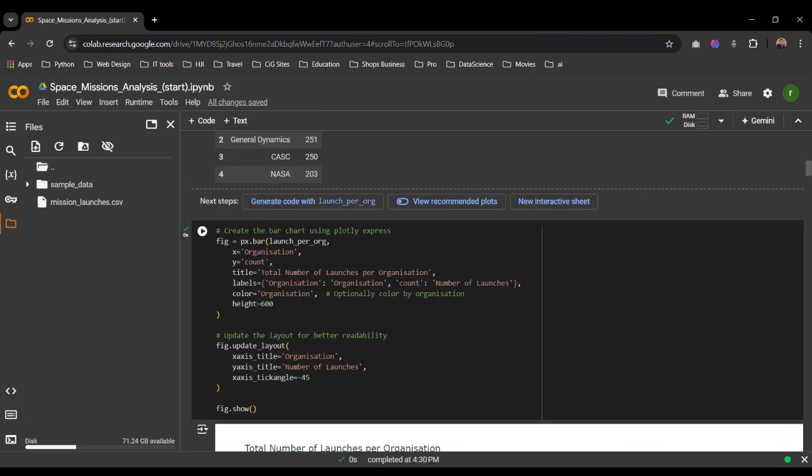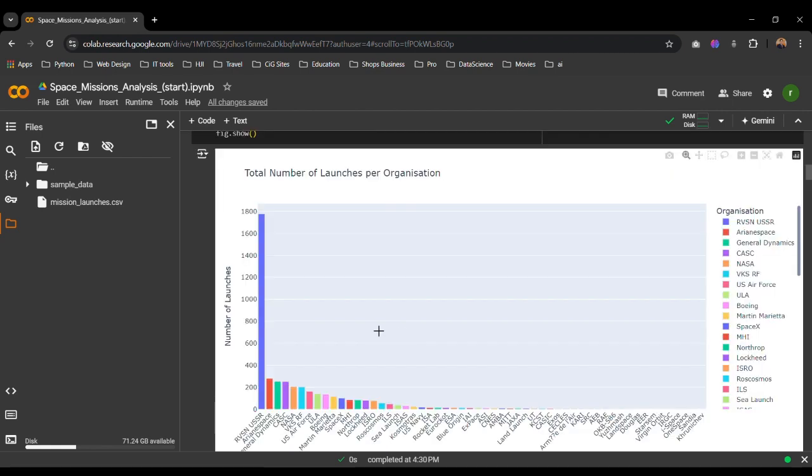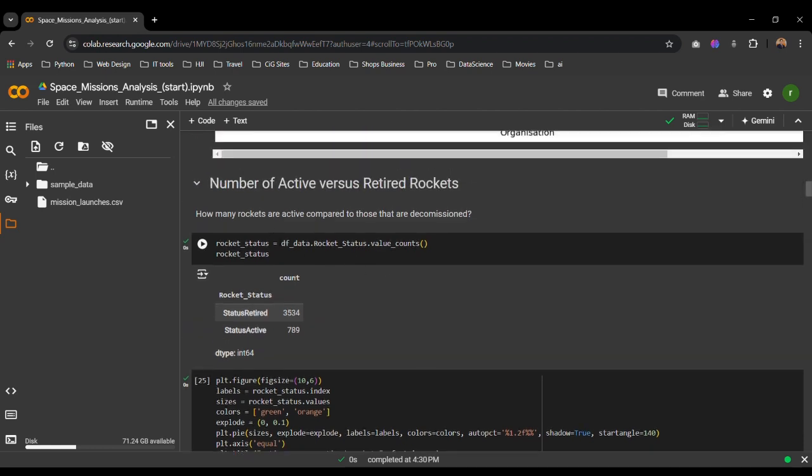We use the Plotly Express bar, and this is the output, guys. So USSR is number one as to the number of launches per organization, seconded by Arianespace, and NASA is ranked number 5.